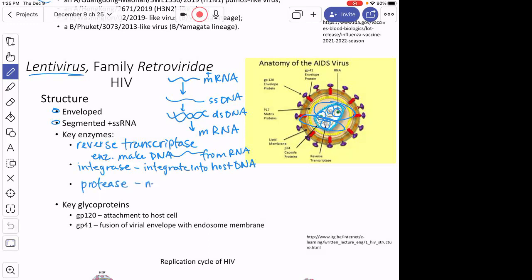This is necessary, we'll say, for maturation of the virion. So basically, this protein has to come in and make some cuts in some other proteins or enzymes in order to make them functional. Okay, so we'll get back to that in a minute.